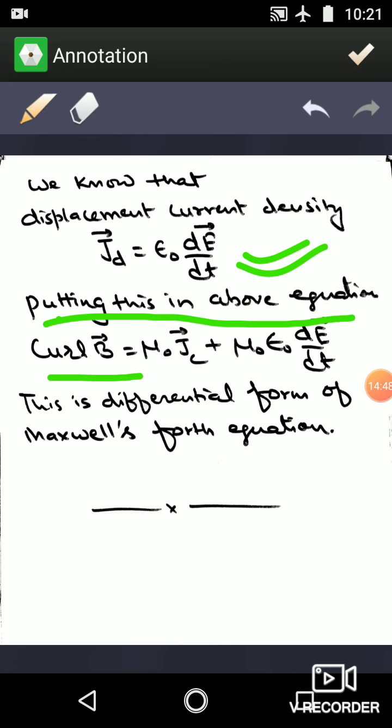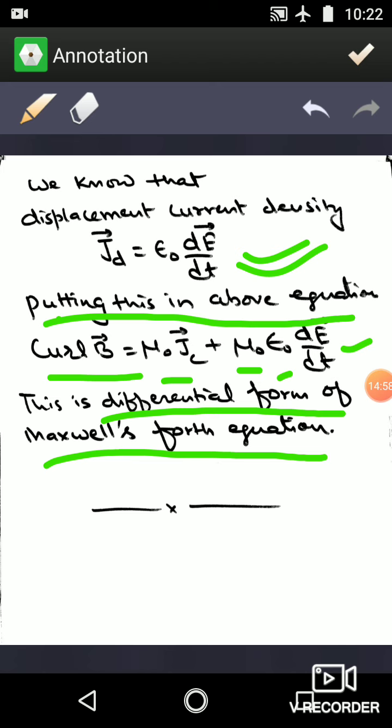Curl of B is equivalent to mu naught JC plus mu naught epsilon naught dE upon dt. This is called the differential form of Maxwell's fourth equation. In this way, we have studied all Maxwell's equations, and the fourth equation is basically a modified form of Ampere's law, and the modification was done by Maxwell. Thank you.